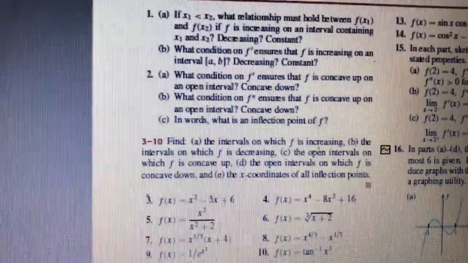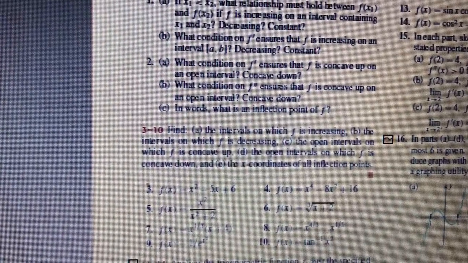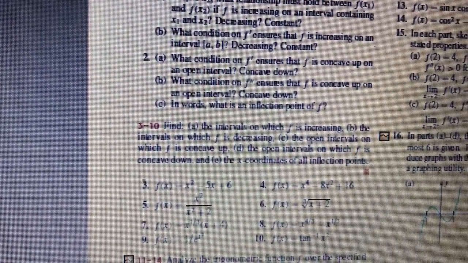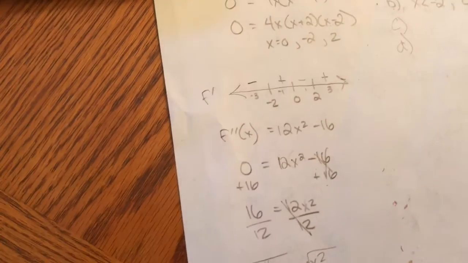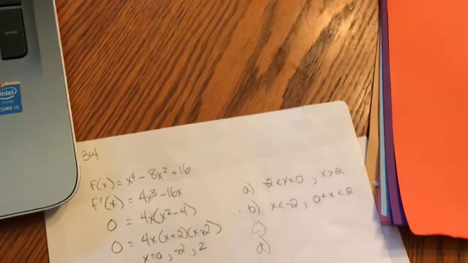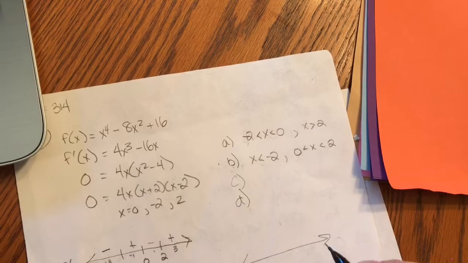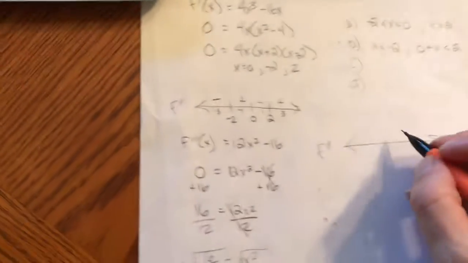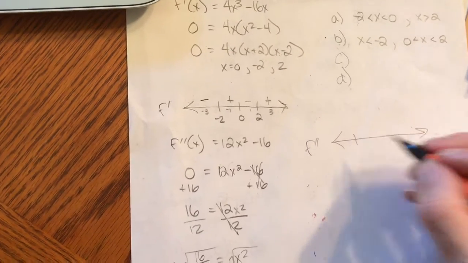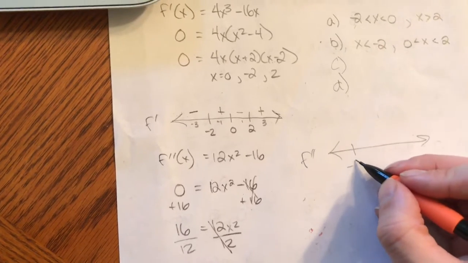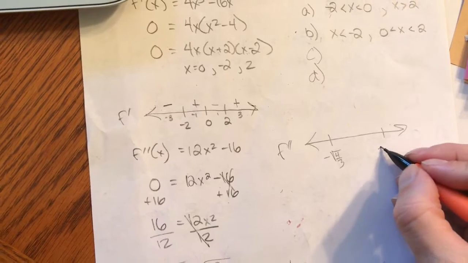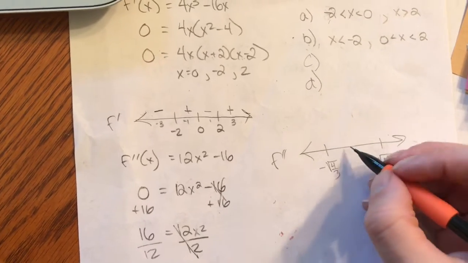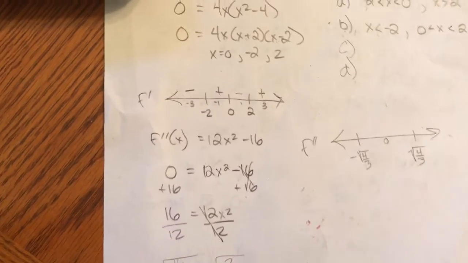All right, so I now care when it's concave up, which means the second derivative is positive, and concave down, which means the second derivative is negative. I know my inflection points live right there, so I'm going to make the second derivative line. I care about what happens at negative square root of 4/3 and positive square root of 4/3, which means in between numbers would be 0.